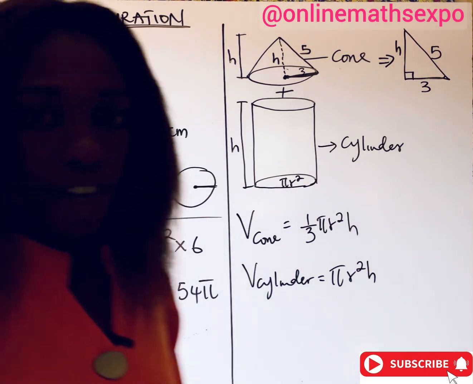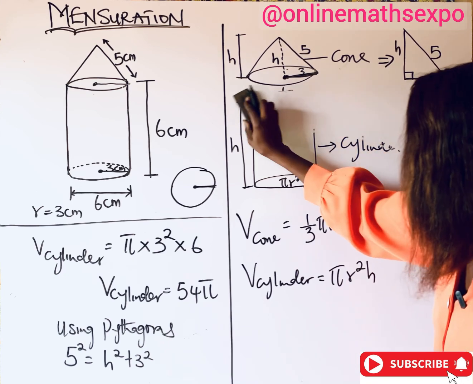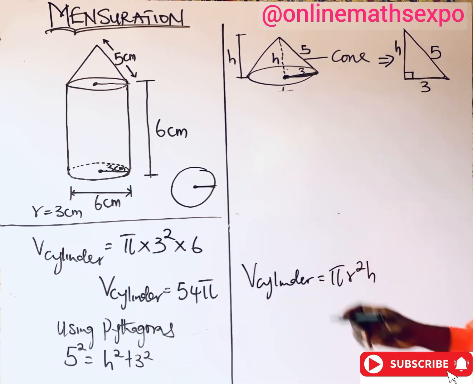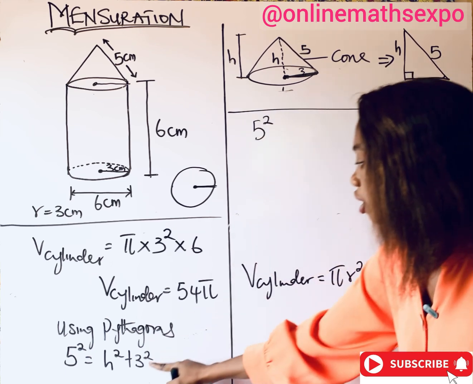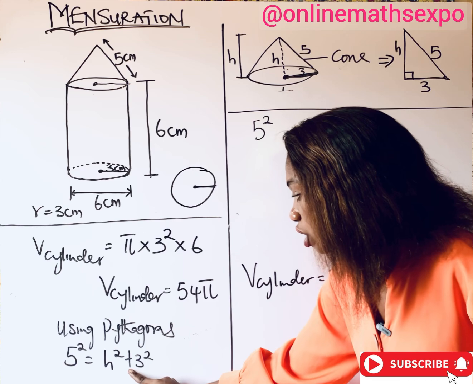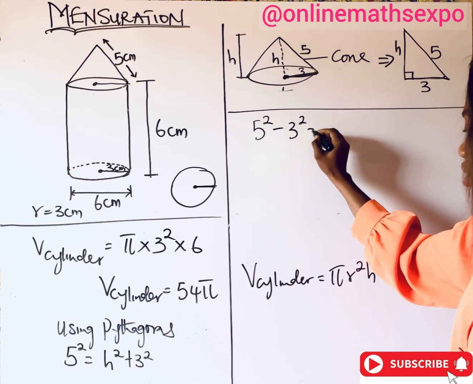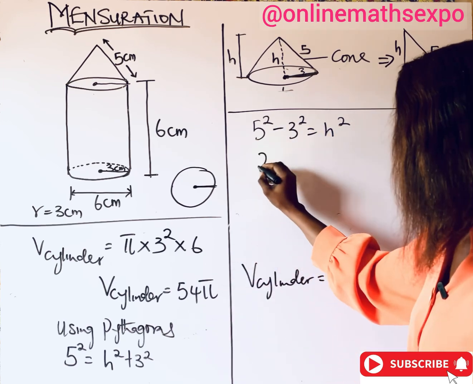So you simplify it. So if you simplify it, this is going to give us 5 squared. This is 3 squared. So because it's positive, take it to the other side, becomes negative 3 squared is equal to h squared. 5 squared is 5 times 5, which is 25.